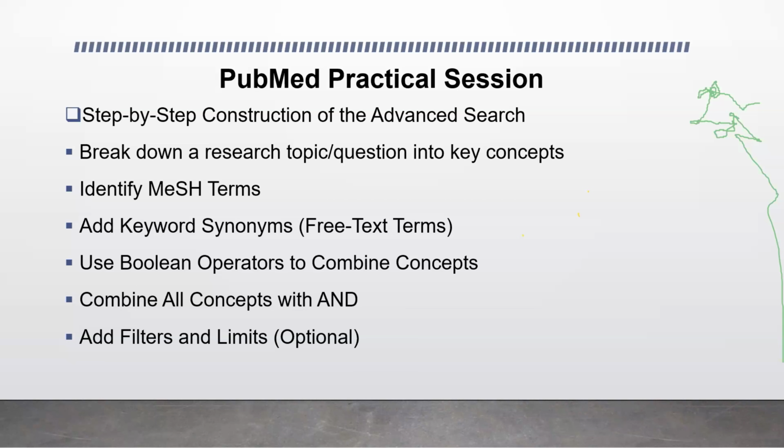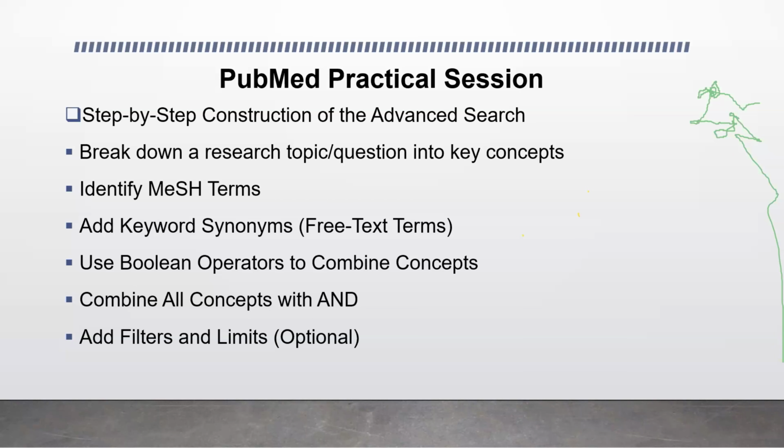But the third step, you identify the keywords, the synonyms. As I've said, you can also use the MeSH database to get the synonyms. Those entry terms are the synonyms. So the MeSH database can also assist you to get the synonyms of that particular concept.